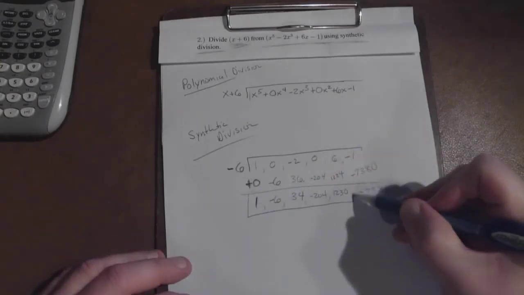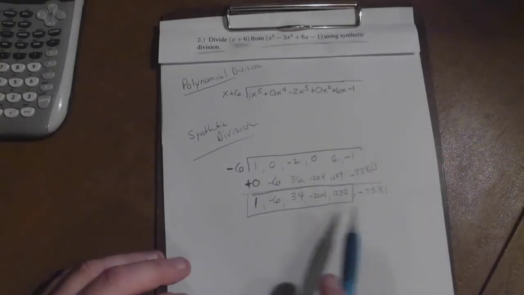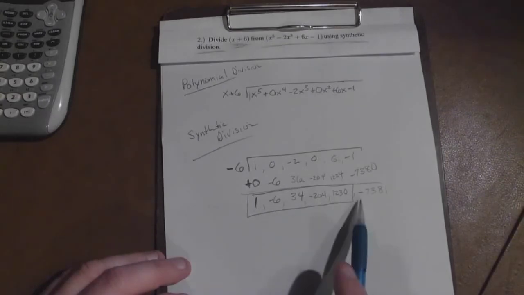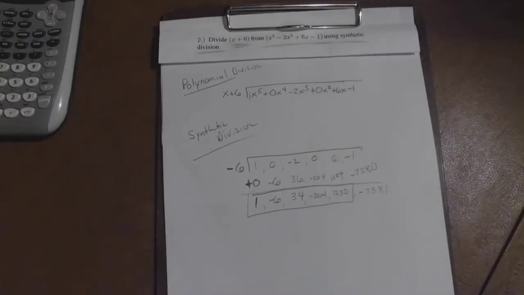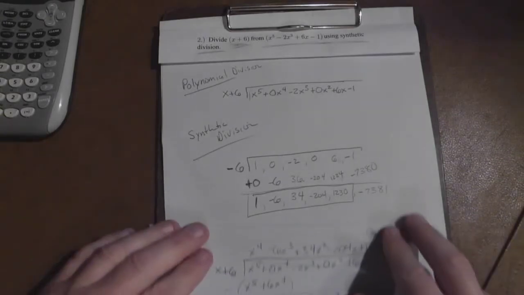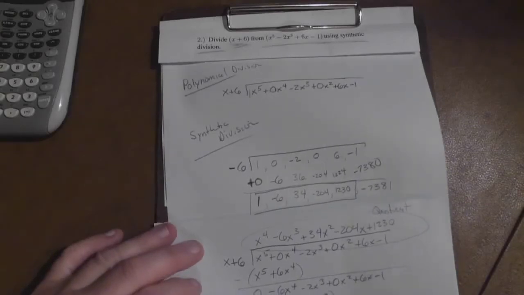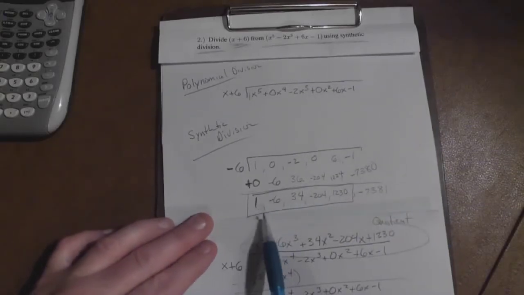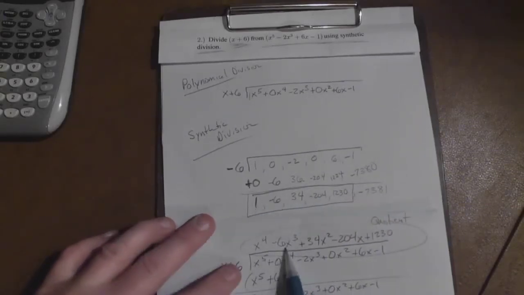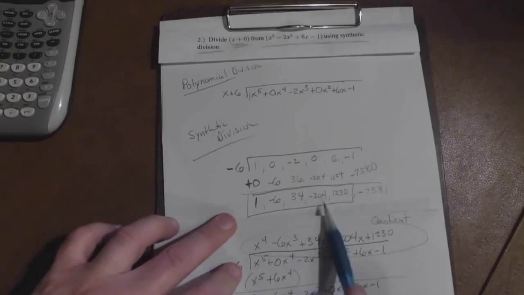Where when we added vertically here, we ended up with this familiar number, negative 7,381. All right. Now, how are these numbers familiar to us, right? If we note these first 5 numbers given here, right? Those were, if we look back, let me fold this example over here so we can kind of see.